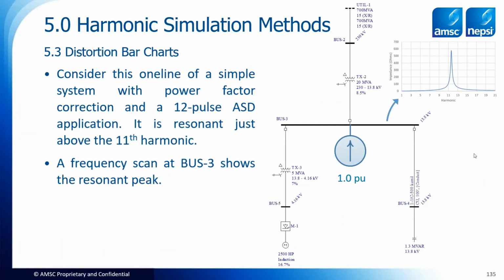So for instance, this is a similar example, but instead of a motor, I have a 2,500 horsepower ASD down here. And it happens to be 12 pulse. And this resonance looks like it's just because this capacitor bank is just above the 11th, right in the problem area, which is where the 12 pulse drive will produce 11th and 13th.